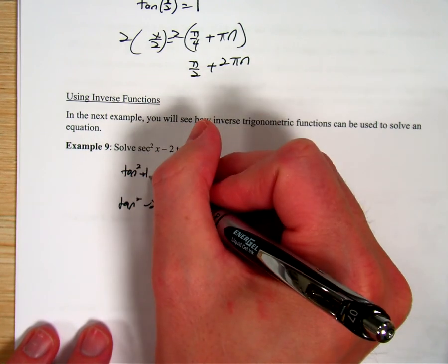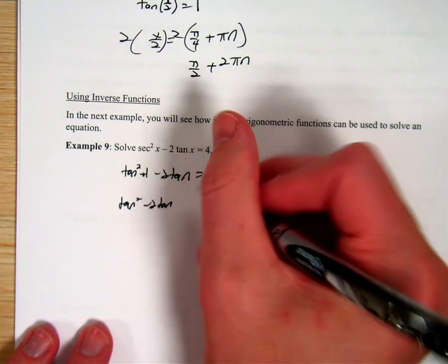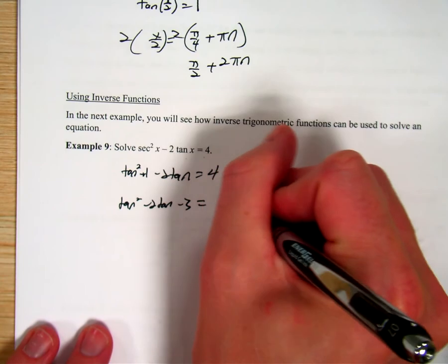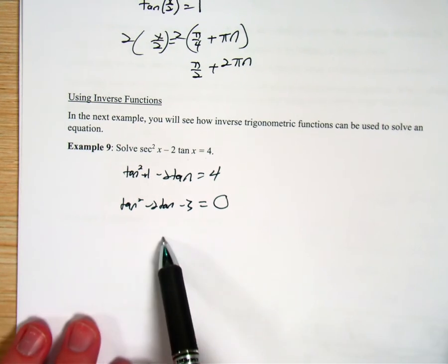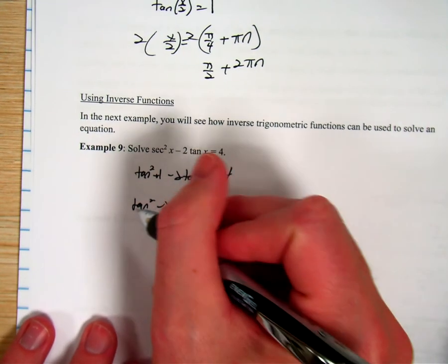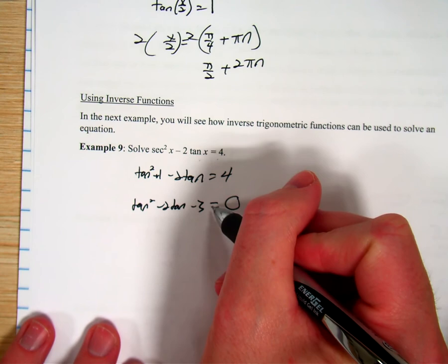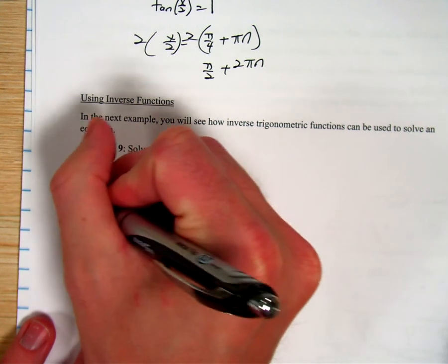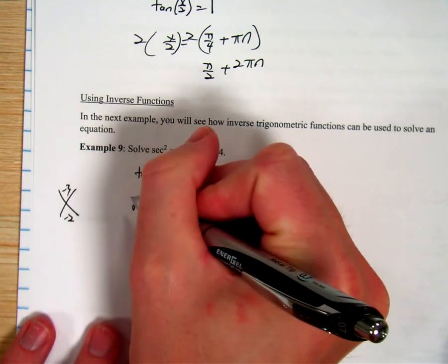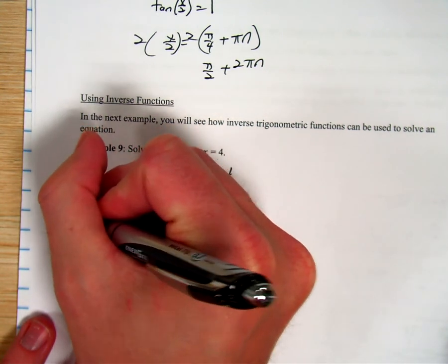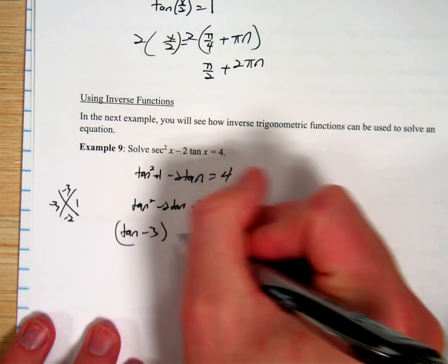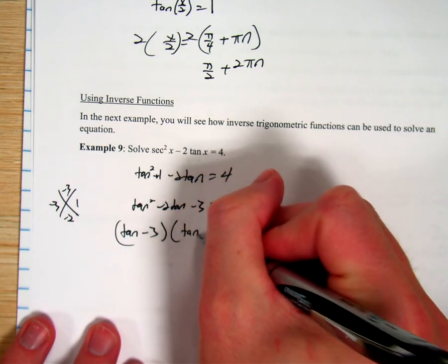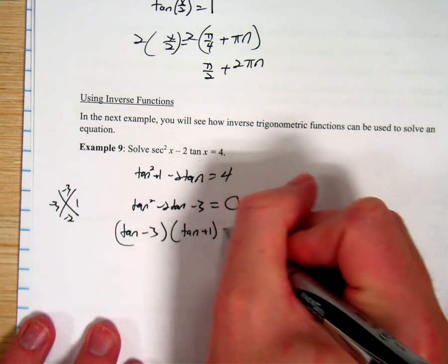I had a plus 1, so if I subtract the 4 over, it's going to be minus 3. We're going to use our factoring: what multiplies to negative 3 and adds to negative 2? Negative 3, positive 1. So we have tangent minus 3 and tangent plus 1.